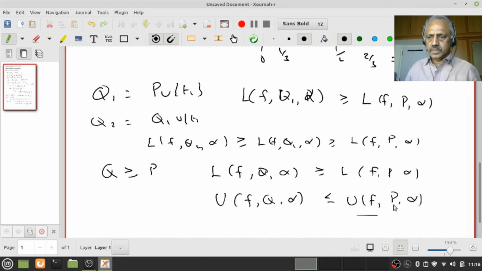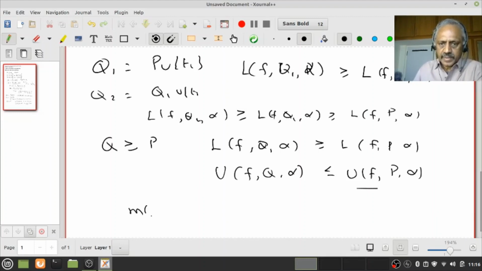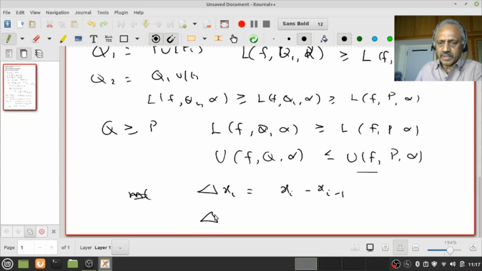So just quickly recall, because we are going to use it today. Now between upper sums and lower sums we made some observations yesterday. Here is another place where a standard notation may be easier. When we write delta x_i, it is x_i minus x_{i-1}, and I will write delta alpha_i. Can you guess what it is?